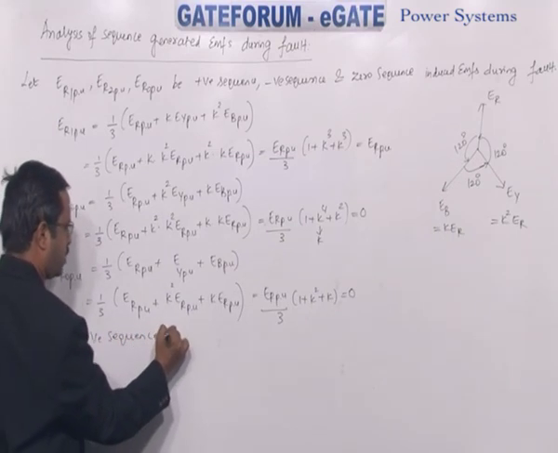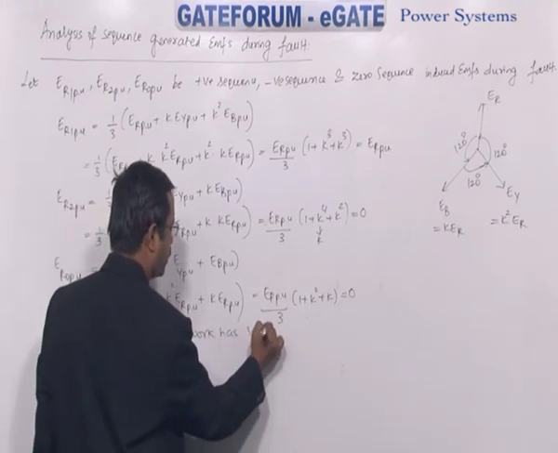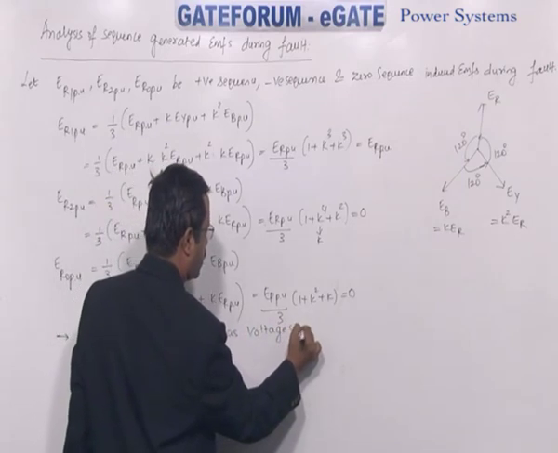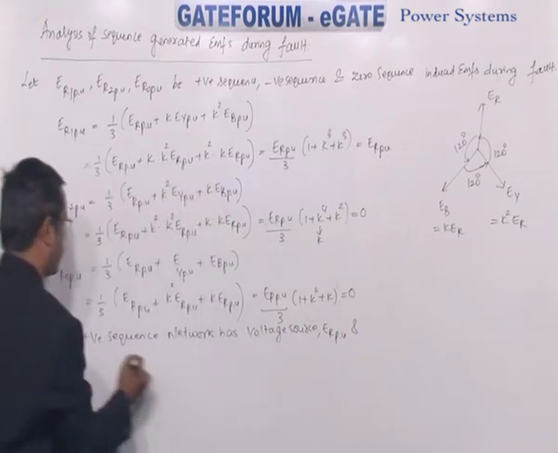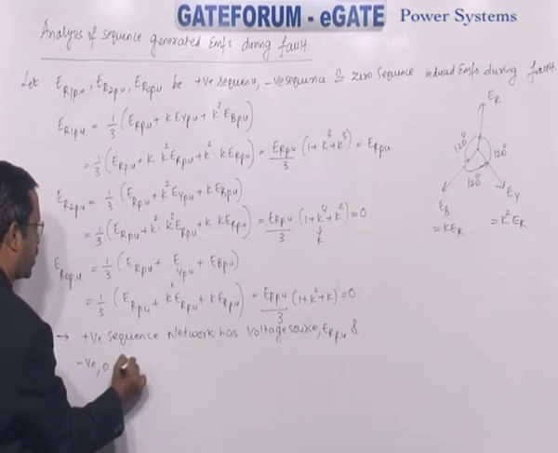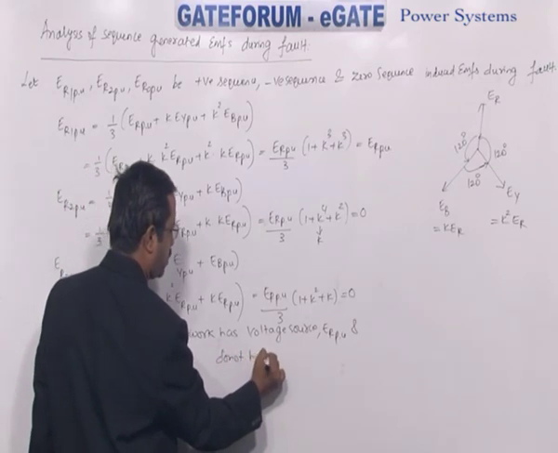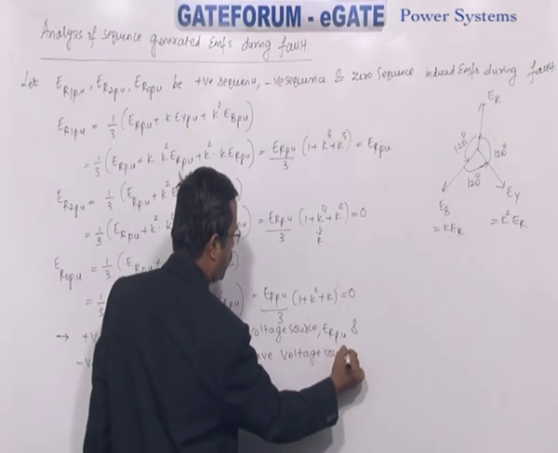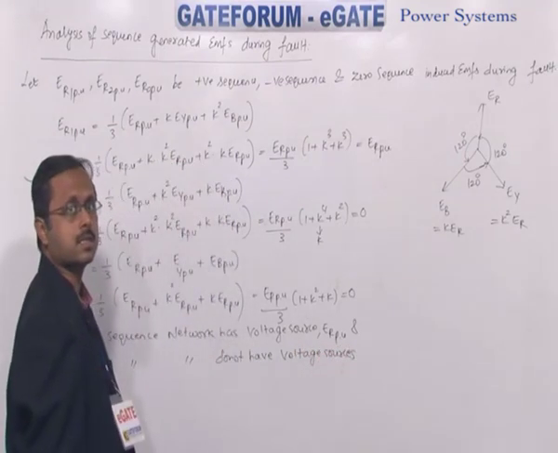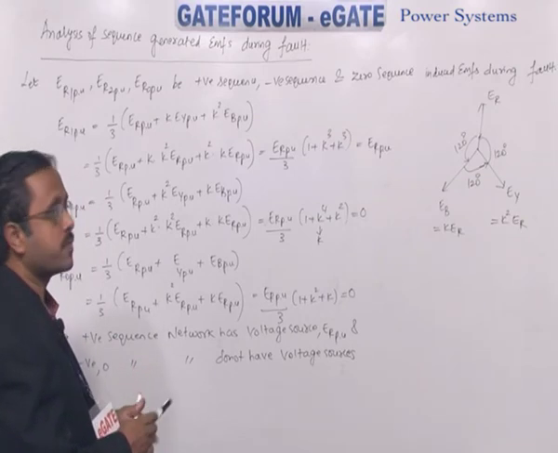So now we say that the positive sequence network has the voltage source ER per unit, and negative and zero sequence networks do not have voltage sources. So this is the analysis of sequence generated EMFs during fault.